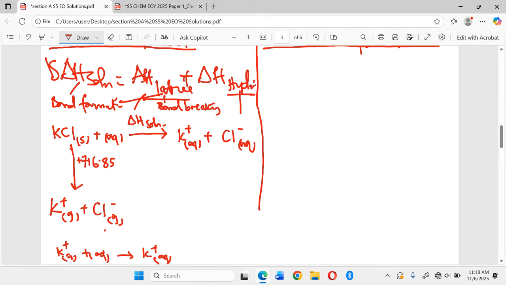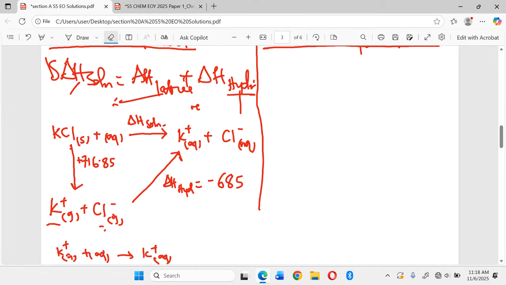But this time we have the two, potassium ion and chloride ion, and that is the enthalpy of hydration. We have the enthalpy of hydration as negative 685. They had already given it once.